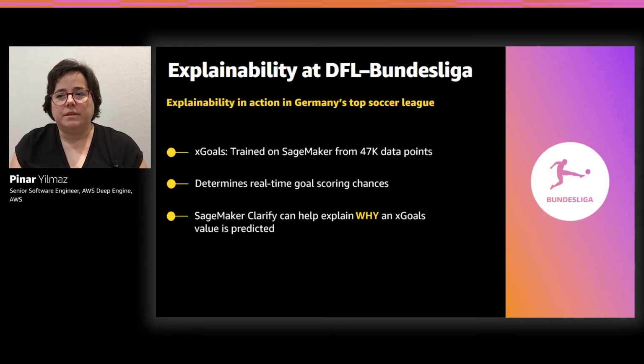With explainability, with Amazon SageMaker Clarify, Bundesliga can explain what some of the key underlying components are that led the machine learning model to predict a certain xGoals value. And knowing the respective feature attributions and the outcomes helps to debug the model and increase confidence in the algorithm, and fans can evaluate the goal scoring chances of Bundesliga players from any position on the field.